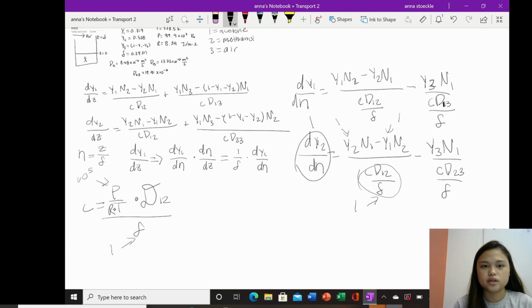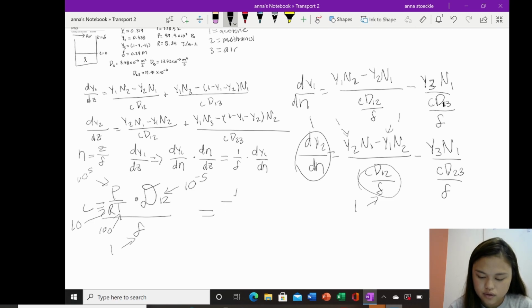R is 8.314, so we can just estimate that to be 10. And then the temperature is 328.5, so we can estimate that to be 100. This Stefan-Boltzmann gas estimation, we know that it's going to be 10 to the negative 5th. You simplify that out, that's 1 over 1,000 over that 1 for that delta. That does not look like a 1.